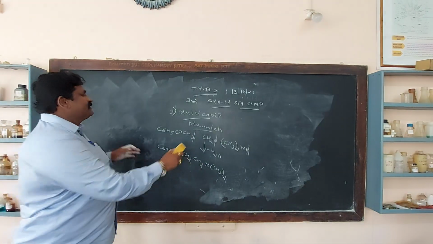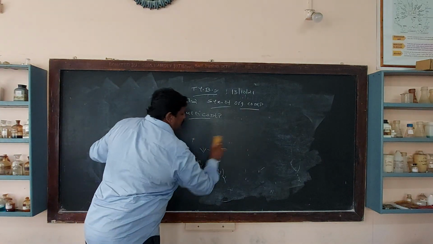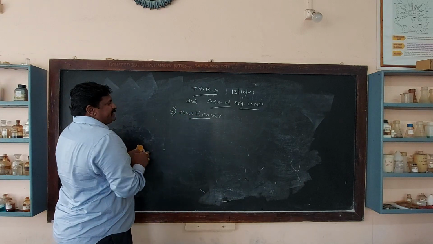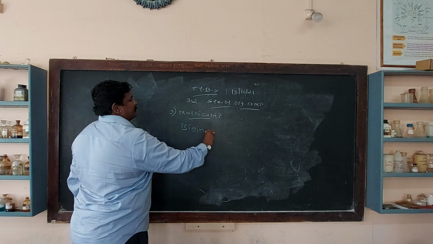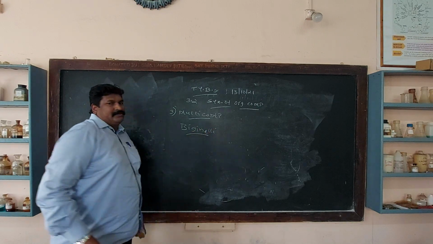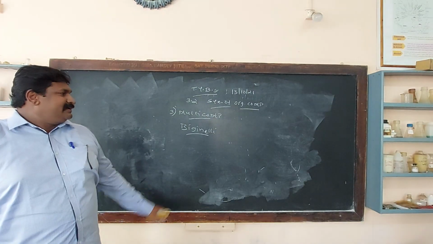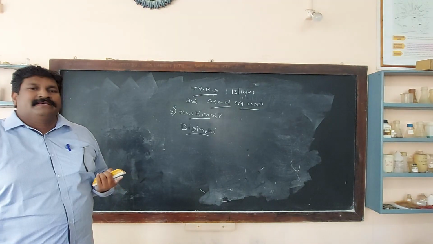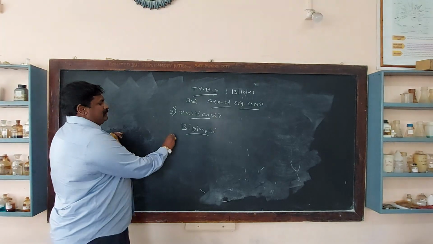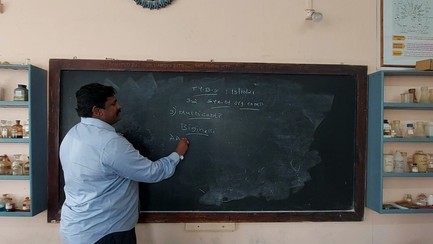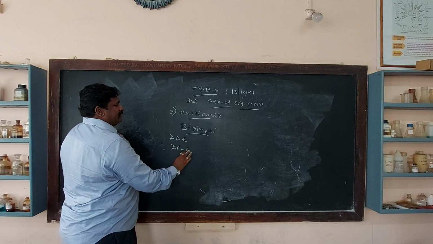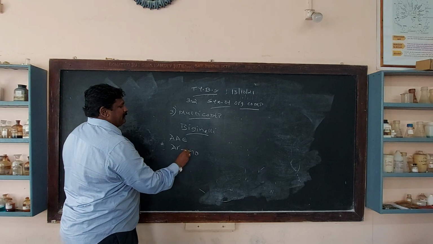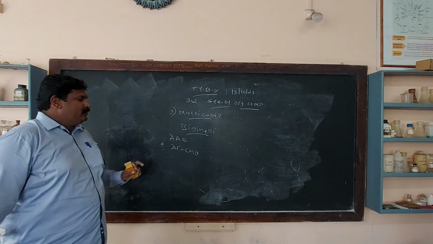And the second example, again, is known as the Biginelli reaction. In this, the starting compounds are acetoacetic ester plus aromatic aldehyde and urea.